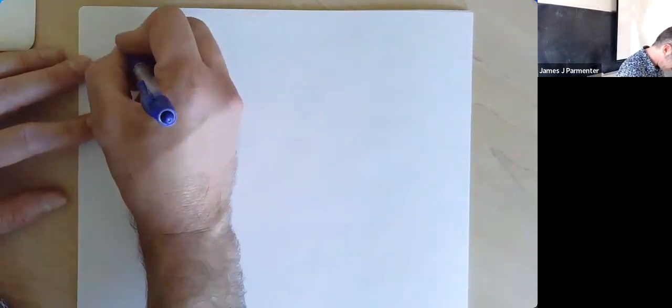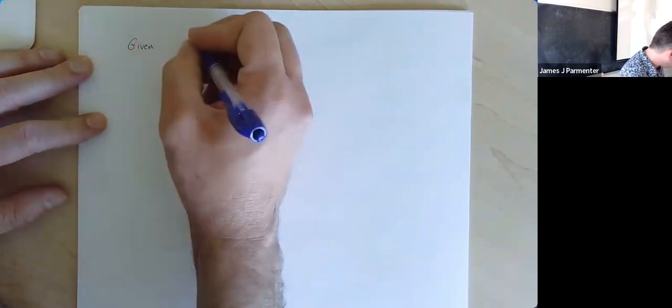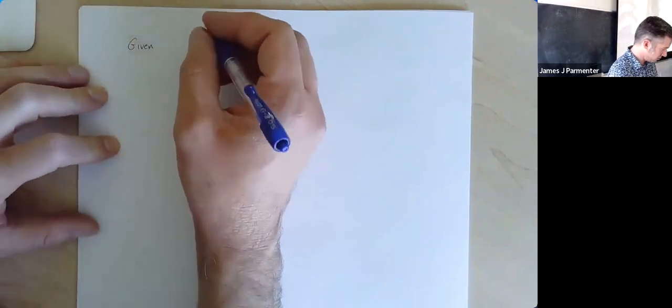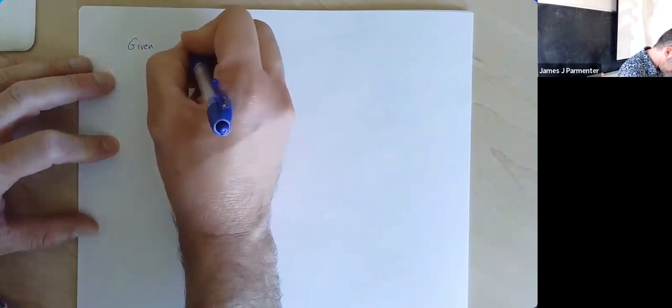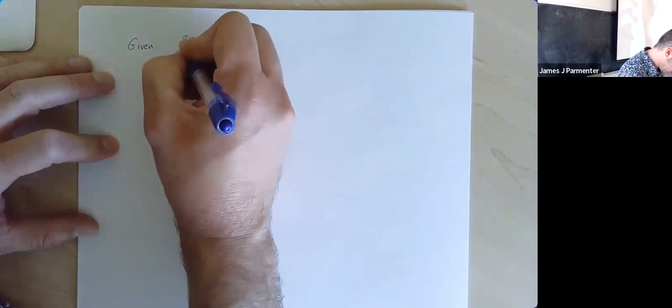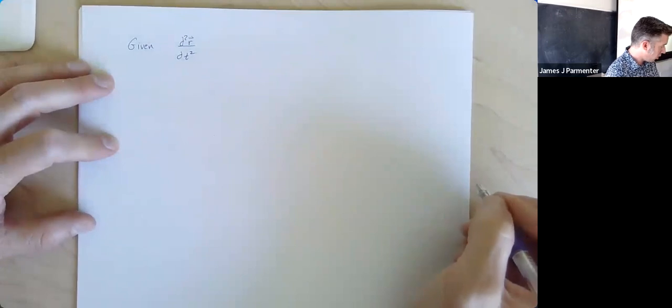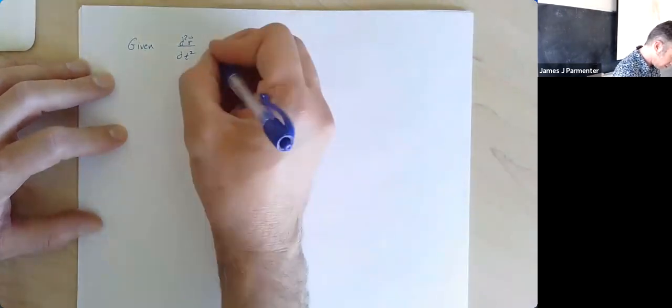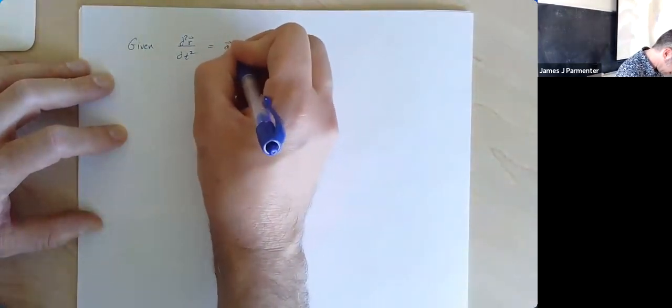Let's say we want to solve an initial value problem. We are given that the second derivative of position, d squared r dt squared, or if you prefer, a of t.